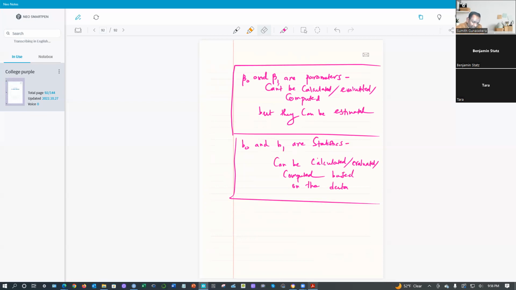Therefore, you can say, look at the symbol for therefore, three dots at the vertices of a triangle, therefore we can say b naught is an estimate of beta naught. b1 is an estimate of beta 1. e is an estimate of epsilon. You can tell it like that.